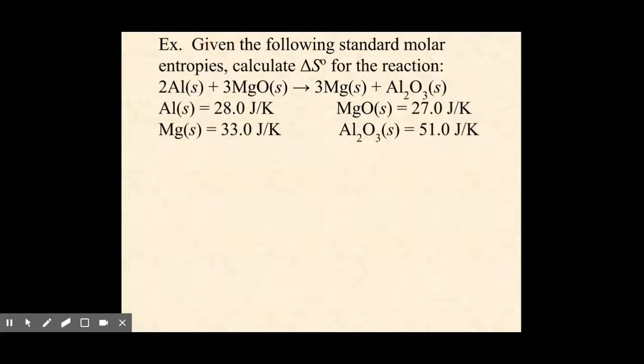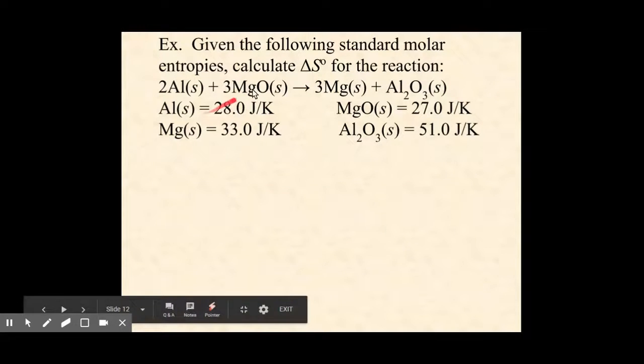Right. So in this example, given the following standard molar entropies, calculate the delta S standard for the reaction: aluminum oxide plus magnesium yields magnesium oxide plus aluminum.